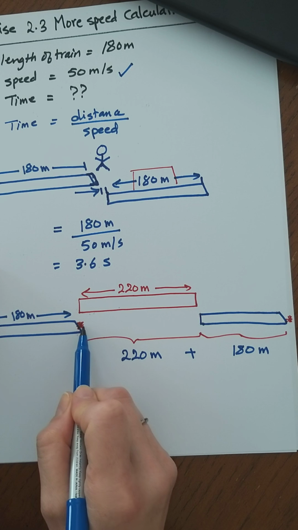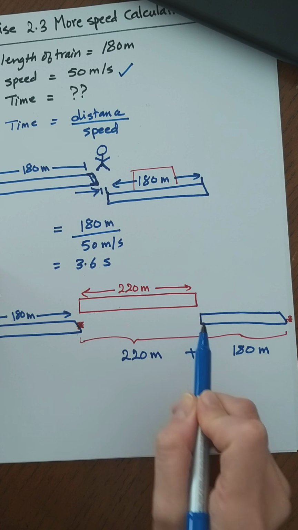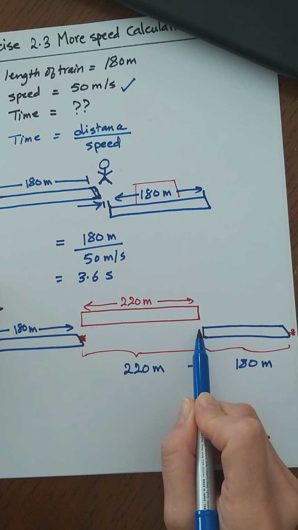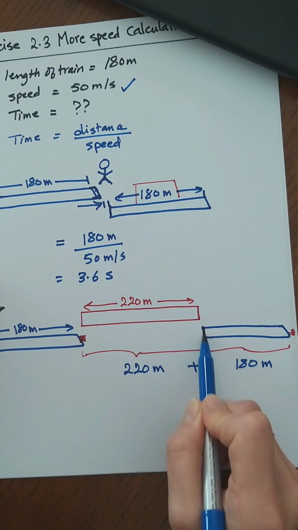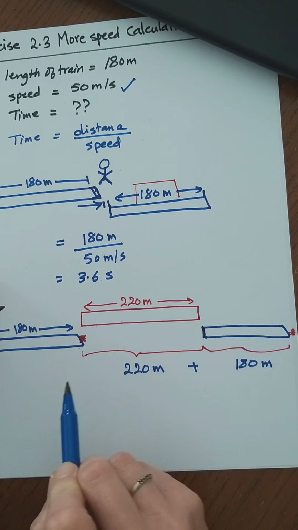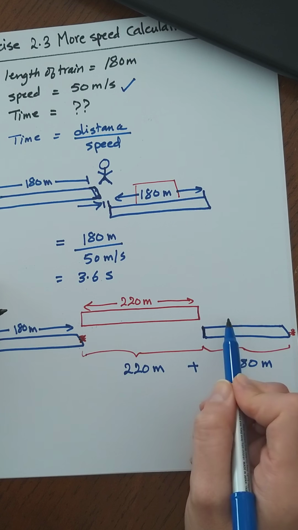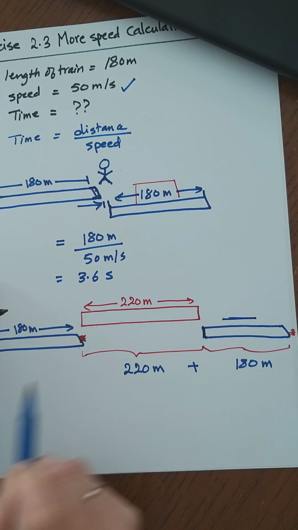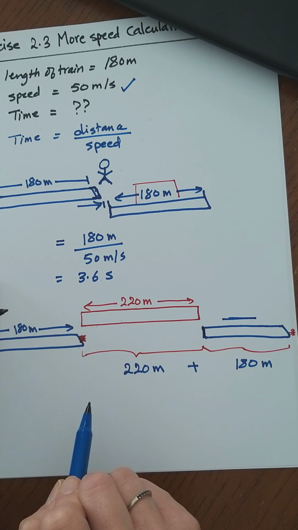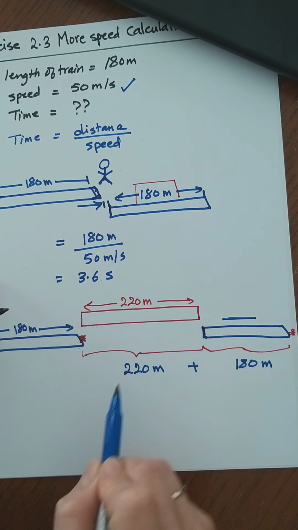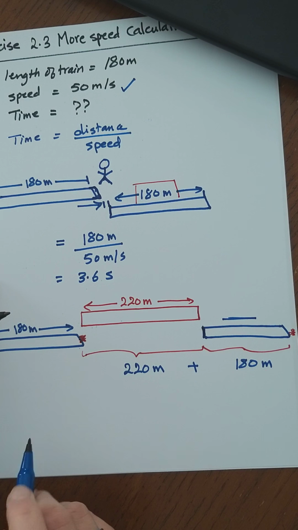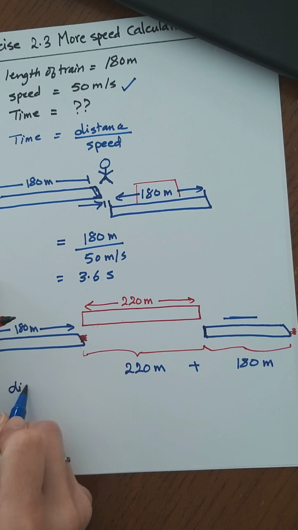So the train is going to pass the platform completely, so it will pass by the other edge of the platform until the end part of the train passes the other edge of the platform. So now this distance here, the length of the train, 180 meters, plus the length of the platform, 220 meters.